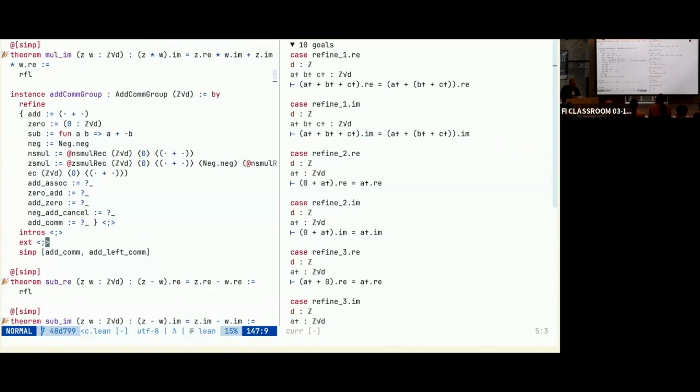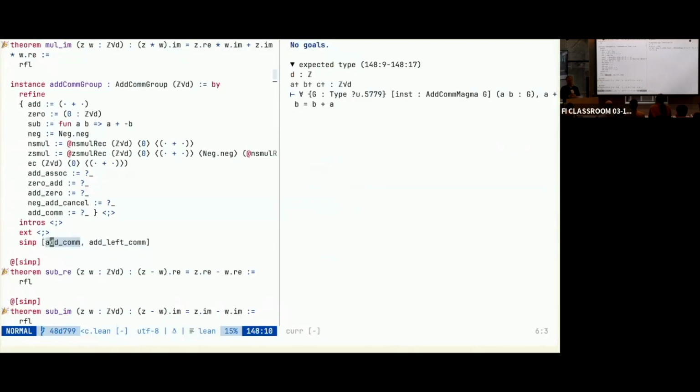There are two functions called add_comm and add_left_comm, which have been defined a bit earlier, and I won't go there. And simp tells Lean or Mathlib to use these functions and combine them in every way you can to prove the results. Fortunately, at the end, there are no goals.